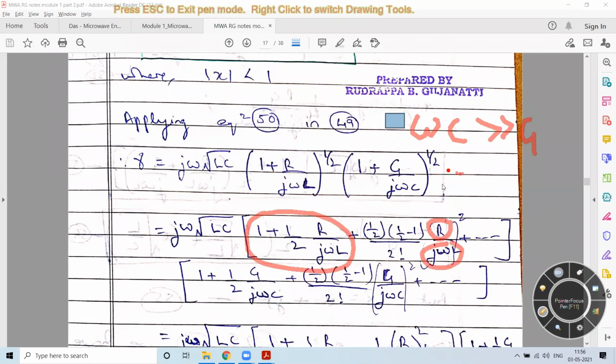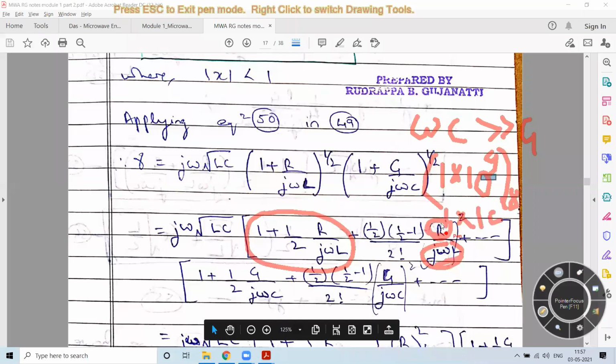If you are considering 1 into 10 raised to 9 gigahertz, here we are squaring this. In the denominator, j omega square is (2 pi f) the whole square. So when we do that, if frequency is in gigahertz, it turns out to be 1 into 10 raised to 18, which is very much higher as compared to the numerator.